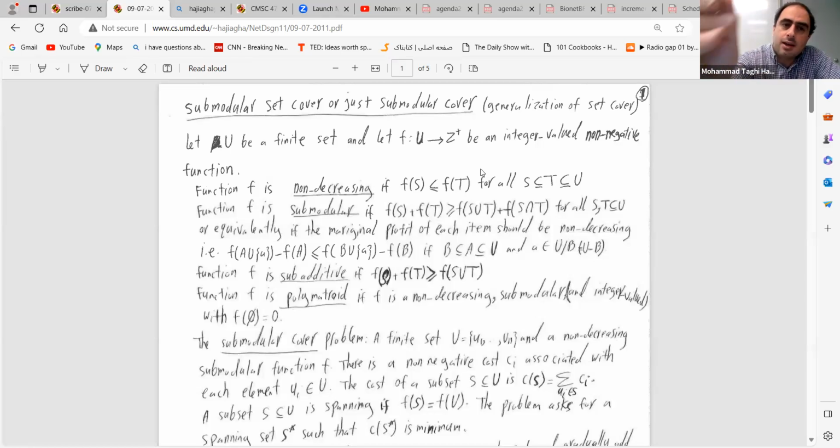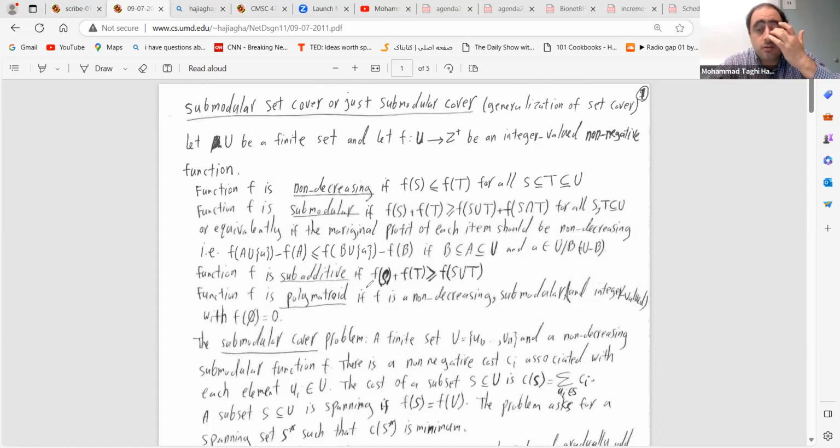So here, let's continue. We are continuing today with submodular set cover, or just submodular cover, which is a generalization of set cover.